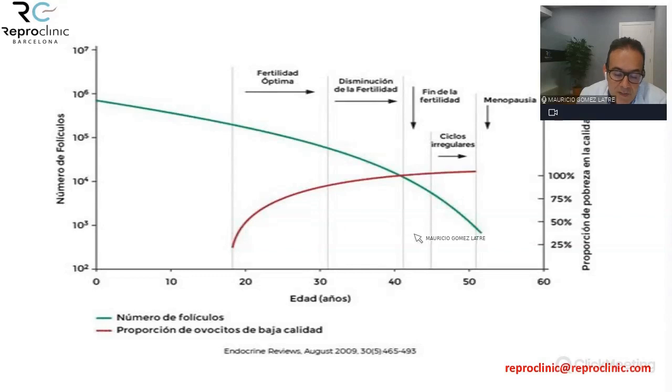Then, the speed of follicular depletion increases, having a dramatic reduction from the 40s, as you can see. At the same way, the low-quality oocytes rate increases with the age, much earlier than you can imagine. As you can see, near the 40, it's very difficult theoretically to find eggs able to give euploid or healthy embryos.